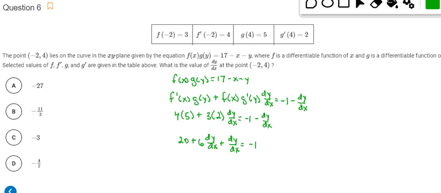So that gives us 7, all right, 6 dy dx plus dy dx. We have 7 dy dx equals negative 1 minus 20, negative 21. So that dy dx equals negative 3. Answer choice C.